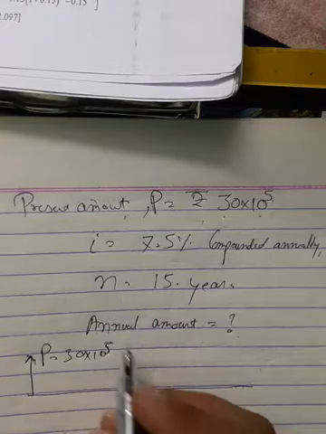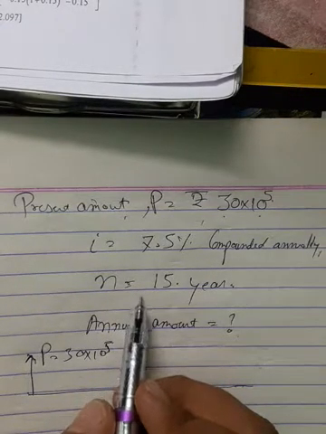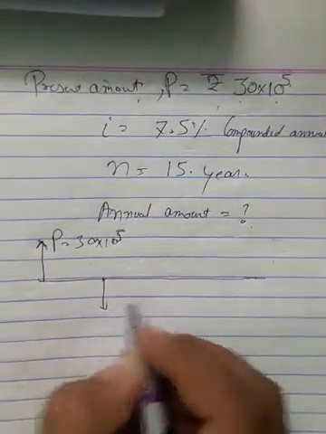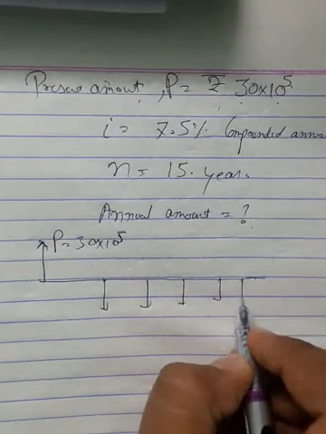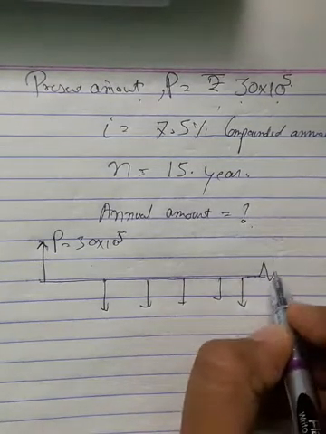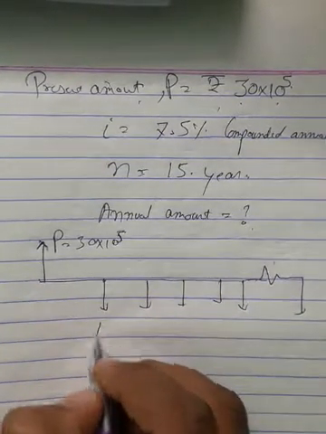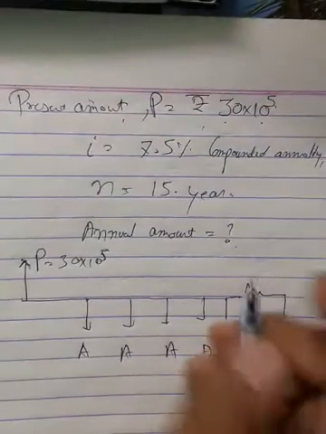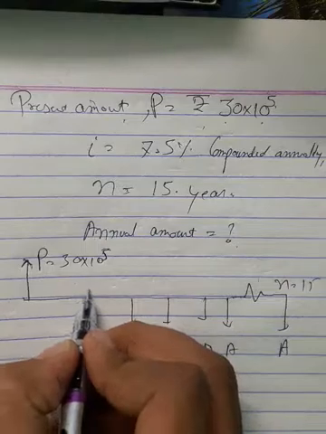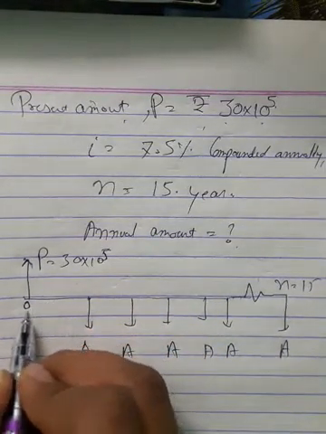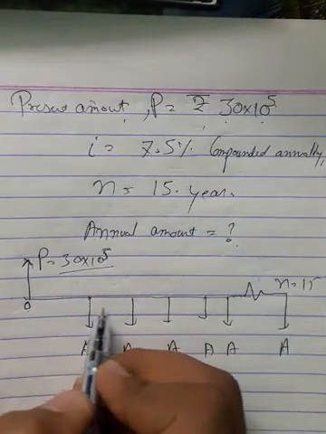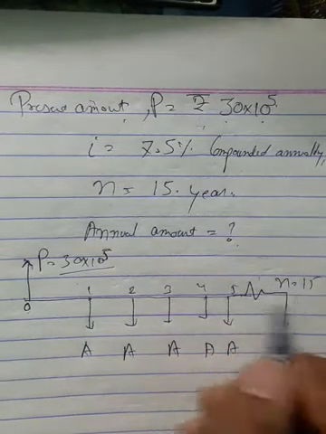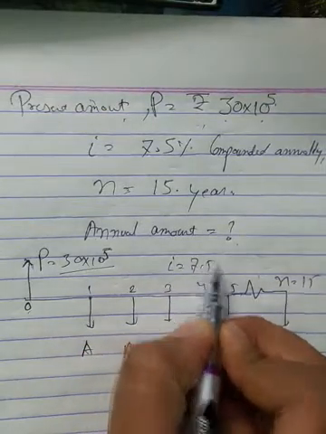Further, the equal annual amount A that you need to pay to the bank is drawn vertically downward, for n equal to 15 years. At year 0 you are going to get 30 lakh. Further, from the next year, 1, 2, 3, 4, 5 up to n, you are going to return to the bank, with an interest rate of 7.5%.